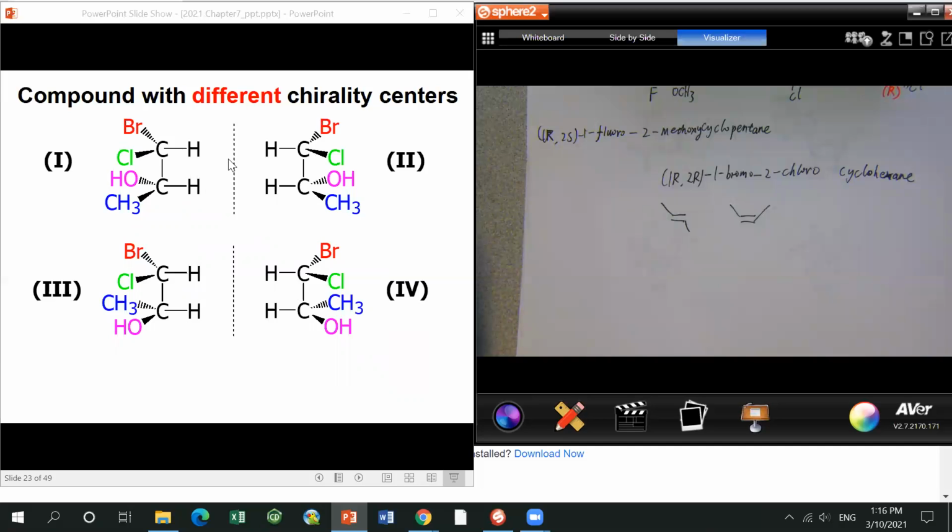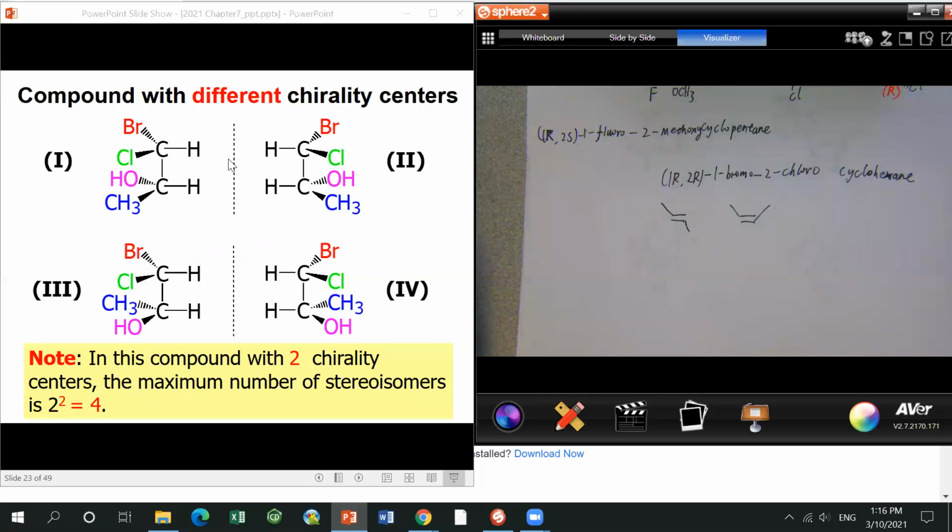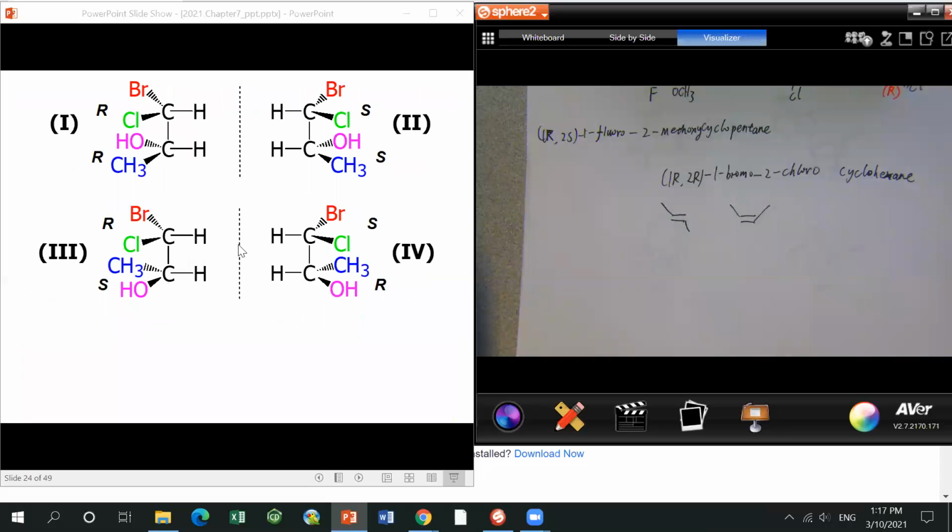If you take a second look, for two stereocenters you can have a maximum of four stereoisomers, because one stereocenter can be R or S, and the other center can also be R or S. So you can have RR, SS, RS, SR, totally four stereoisomers.